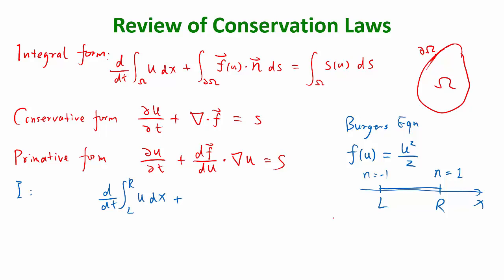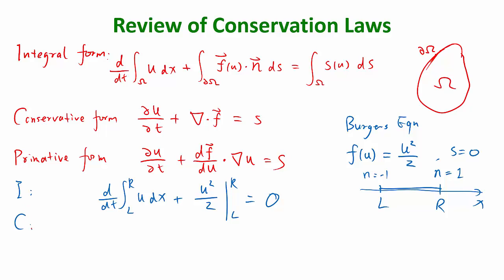That's the outward normal that points outwards. On the left, it points outwards in the negative direction, so it's -1. So that means I have f of u times plus or minus 1 at the two boundaries, which I write down as f of u at R minus f of u at L. And let me just replace f of u by u squared over 2, and this is equal to 0. For Burgers equation, S is equal to 0. So that's the integral form.